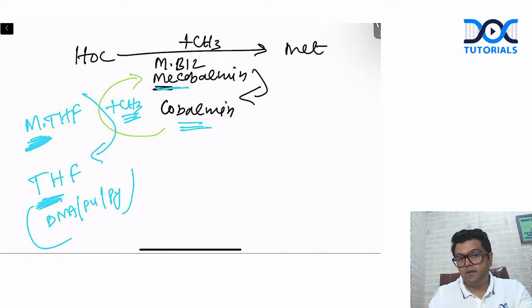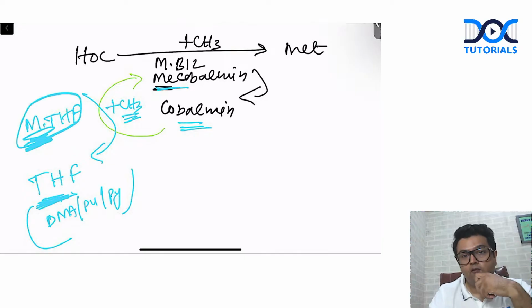Folic acid is directly involved in purine and pyrimidine synthesis, that is DNA synthesis. And guys, this needs the free folic acid, not the methyl folic acid. So methyl folic acid should be converted into folic acid in the presence of B12. So B12 deficiency causes folate trap.